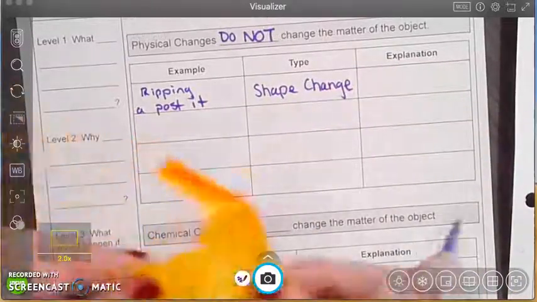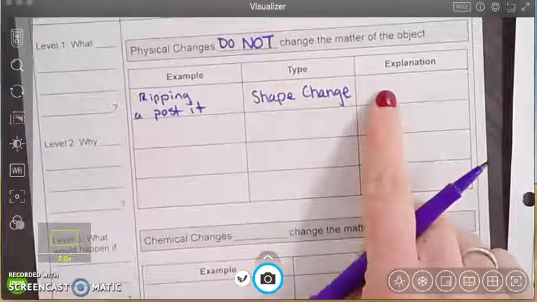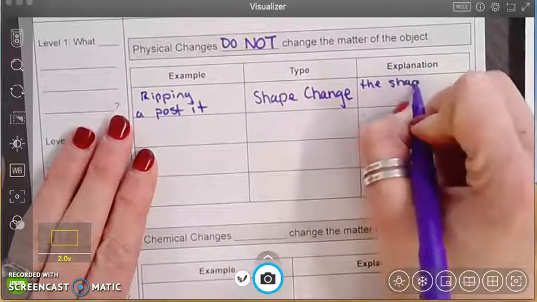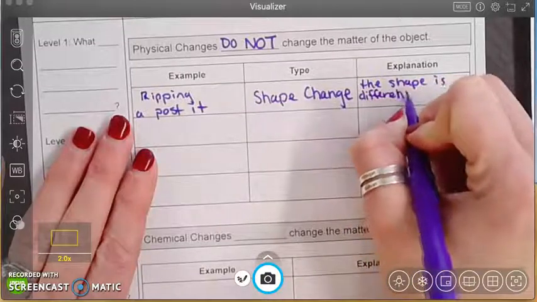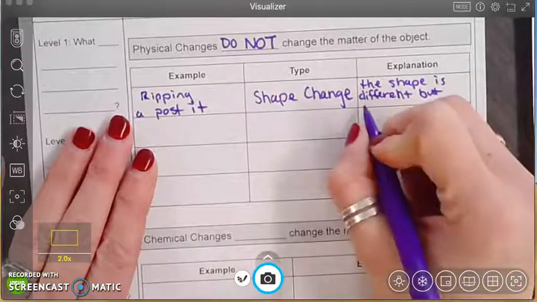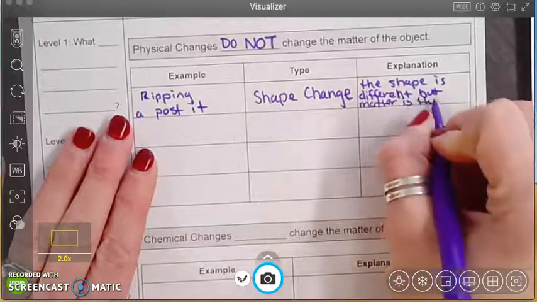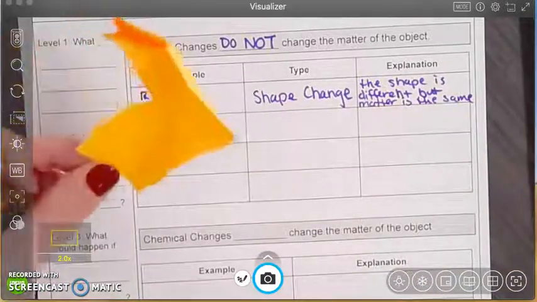All I did was I changed its shape. And I want to know the explanation. And right now I'm going to say the shape is different, but matter is the same. I have the same kind of matter that I started with.